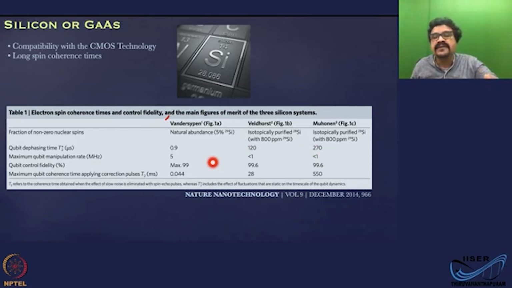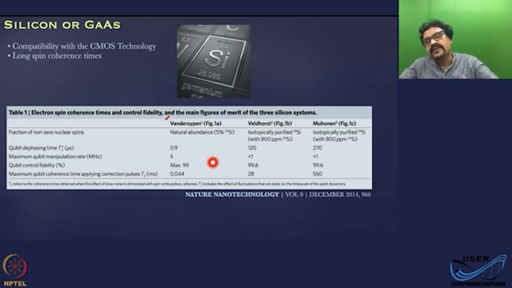And the qubit manipulation rates, okay, megahertz is actually less than 1 here, but it's 5 here. You can see that there's a huge jump whenever you have even a few percentage of change in the spin concentration. You can see that there's a huge jump in all these time scales.